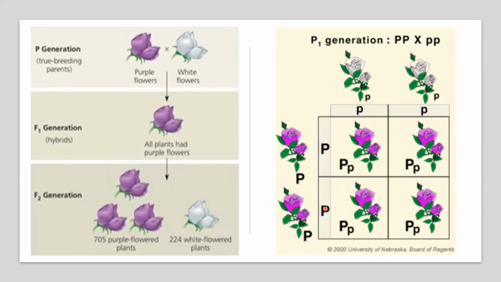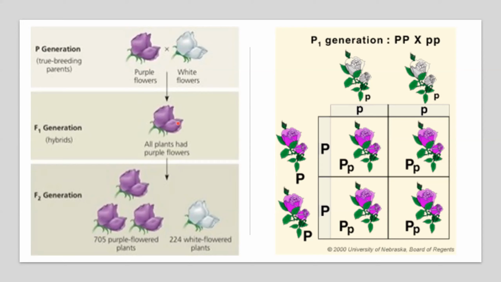And since the uppercase P is the dominant allele, all of these are going to have purple flowers. So they carry the information for the white flowers as shown by the lowercase p. However, they don't actually express it, so they don't have the appearance of white flowers. They only have the appearance of purple flowers.